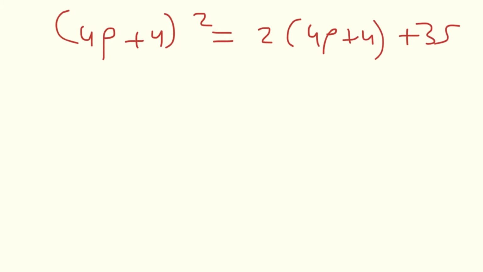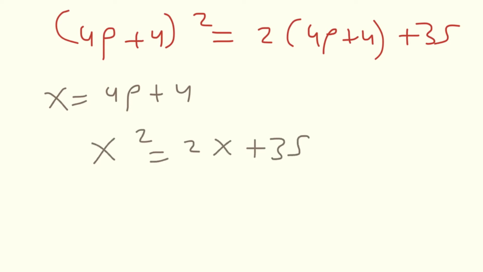Now, yes, you can open the brackets here and bring everything to the left side, but it will take longer and be more complicated. It's easier to make this assumption I told you about. If you just make x equal 4p plus 4, this equation will be x squared equal to 2x plus 35, which is much easier to solve than this big complicated one.